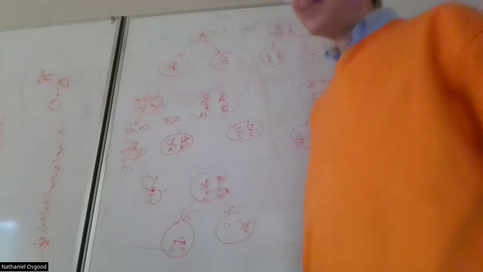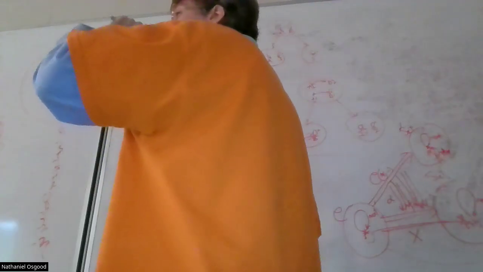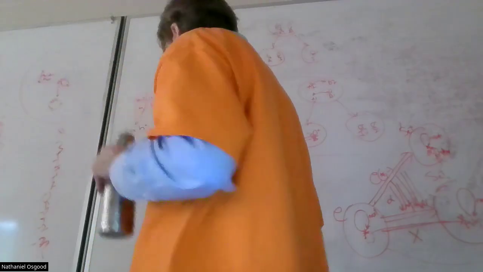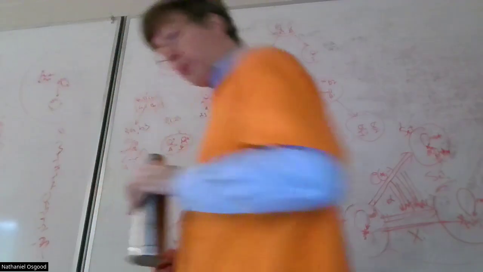So what's the initial causal loop diagram? What's the initial causal loop diagram that can be uniquely mapped to any other? It has to be unique.